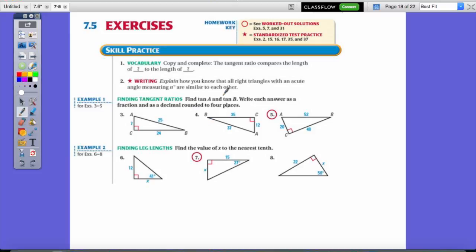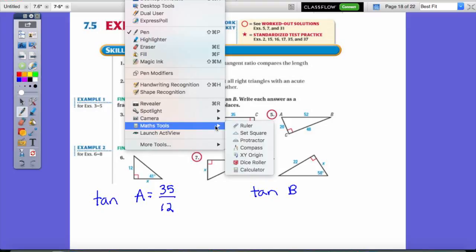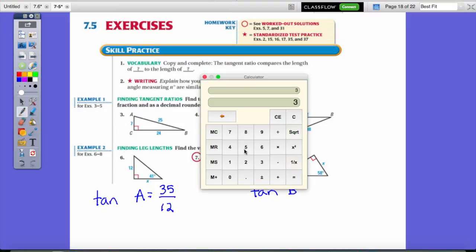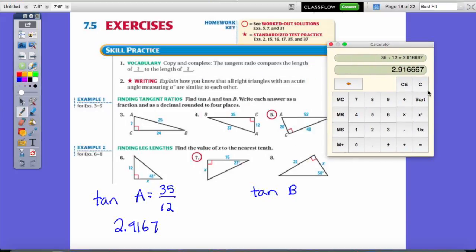So for problem number 4, I want to find the tangent of A and the tangent of B. So for A, the opposite leg is 35, the adjacent is 12. That is a fraction in simplest form, and 35 divided by 12 is 2.9167, rounded to the nearest 4 decimals.